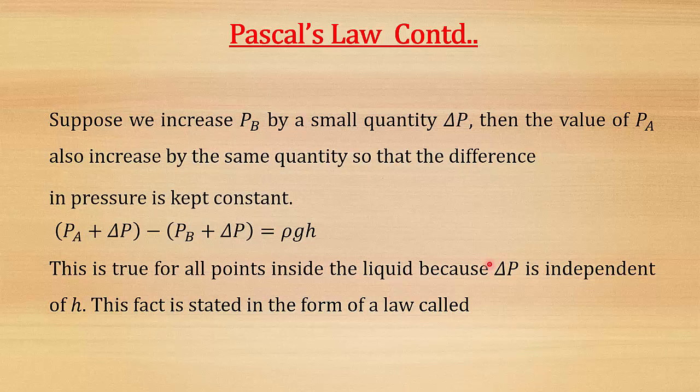So we can write this equation: PA minus PB equals rho g h, but now we increased, so PA plus delta P minus PB plus delta P is equal to rho g h. This is true for all points inside the liquid because delta P is independent of h.